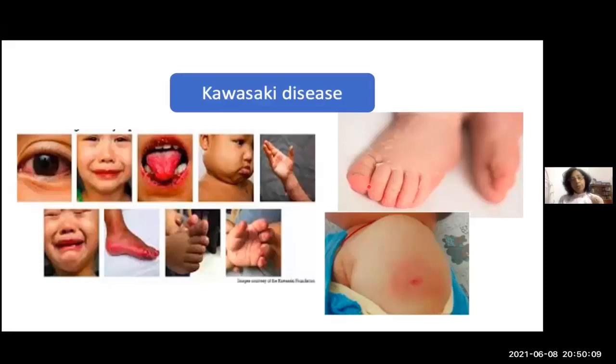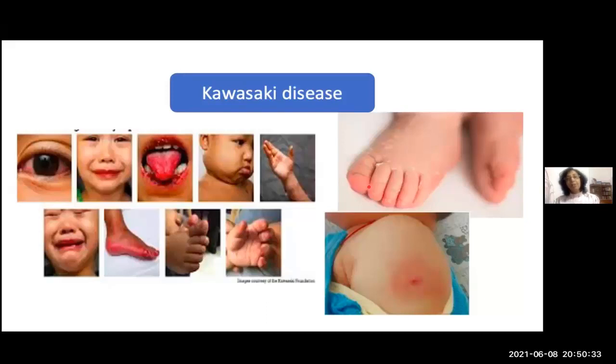It's important to diagnose this condition because it's a vasculitic condition which is associated with coronary arteritis and can have devastating complications unless you detect this and treat rigorously with immunoglobulins or steroids or whatever is according to the guidelines.